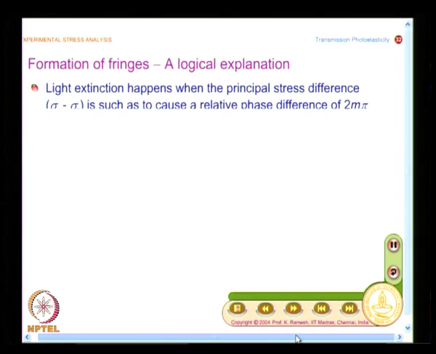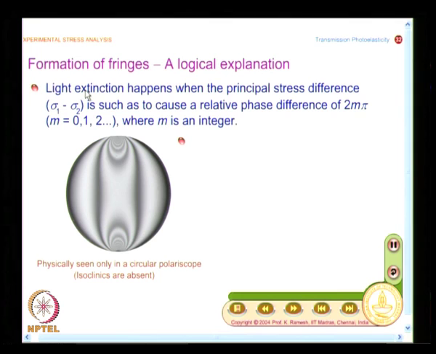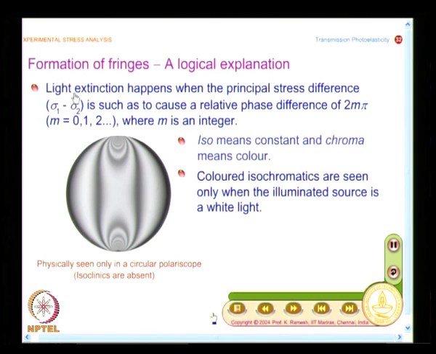So, what I have here is, the first possibility: light extinction happens when the principal stress difference sigma 1 minus sigma 2 is such as to cause a relative phase difference of 2 m pi, where m is 0, 1, 2, etc. And this I have taken from a different optical arrangement, which is called a circular polariscope, for clarity.